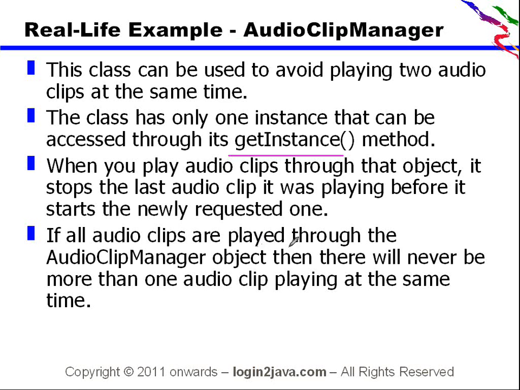If all the audio clips are played through the AudioClipManager object, then there will never be more than one audio clip playing at the same time. So we need to create an AudioClipManager for this requirement. So how should the AudioClipManager be?